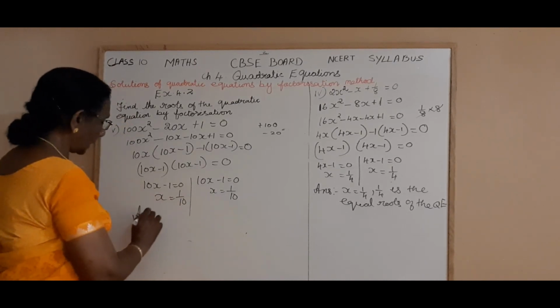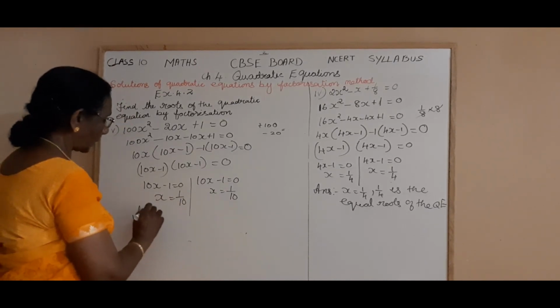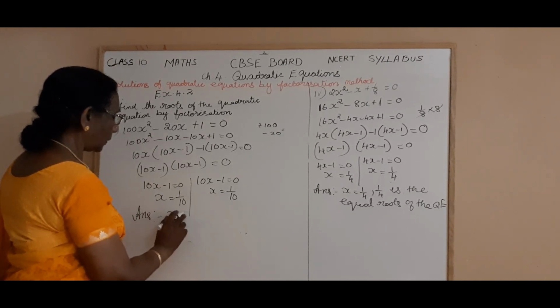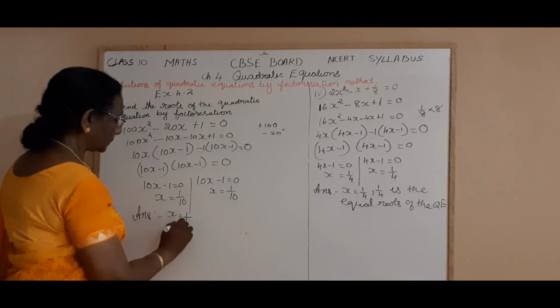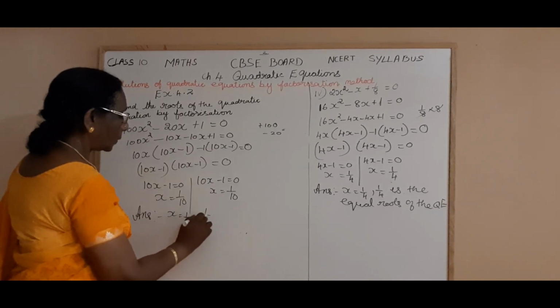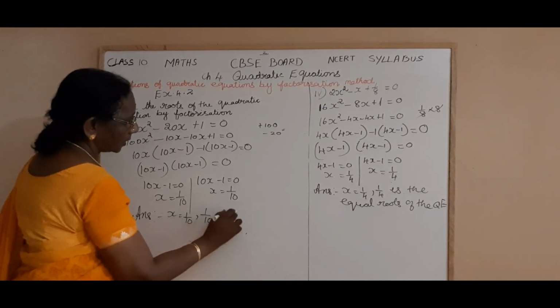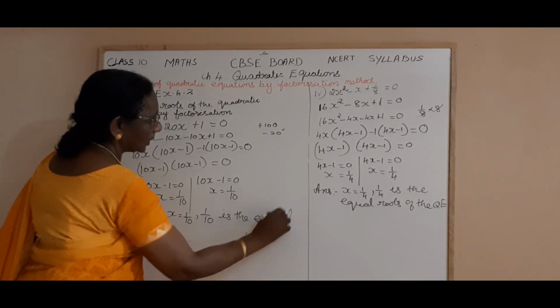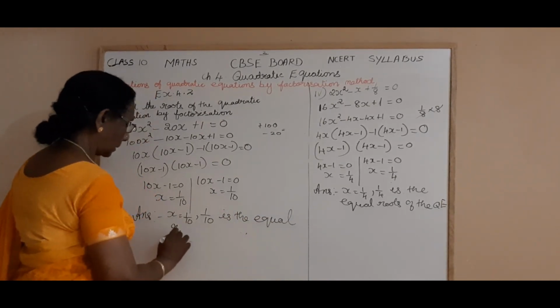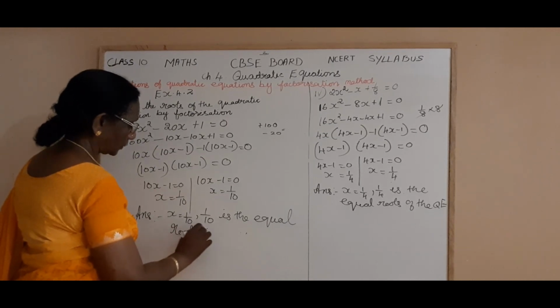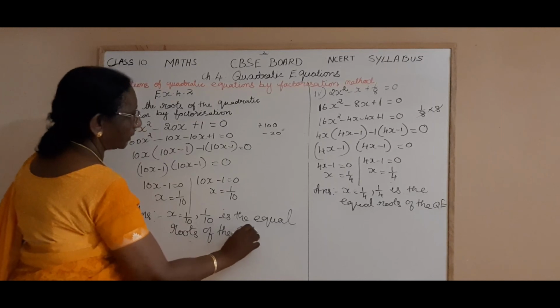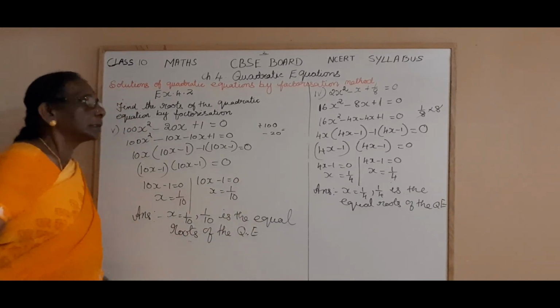Therefore, the answer is x is equal to 1 by 10 comma 1 by 10, the equal roots of the quadratic equation. Is it clear, children?